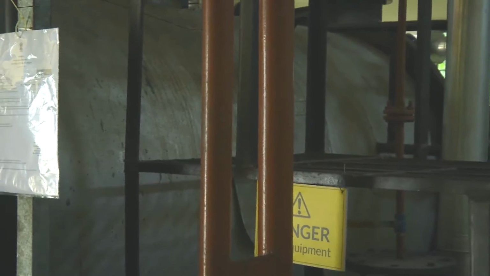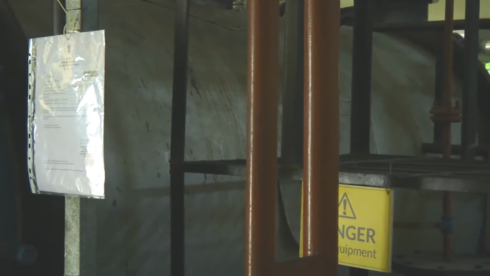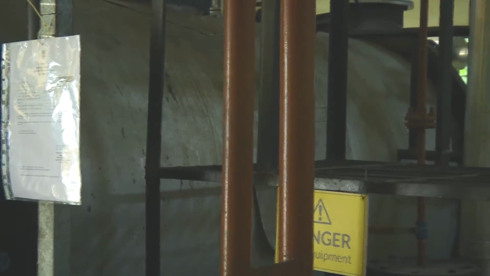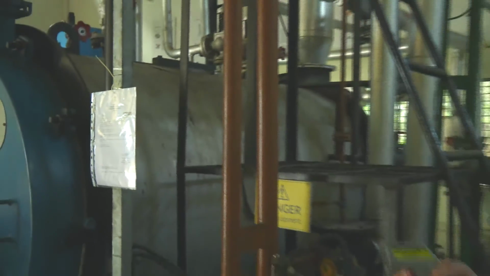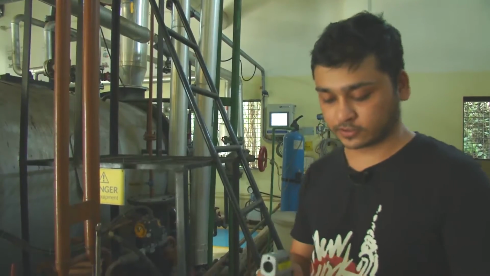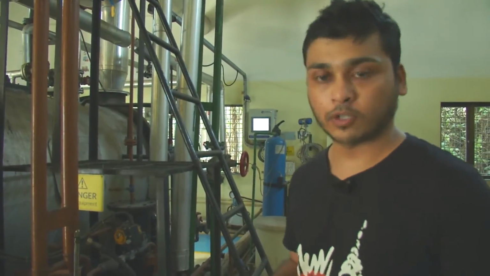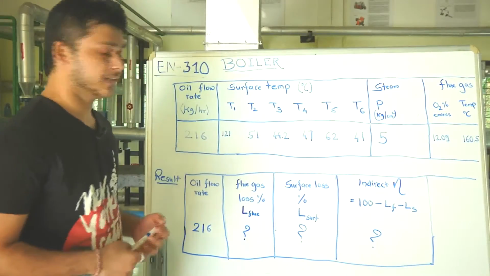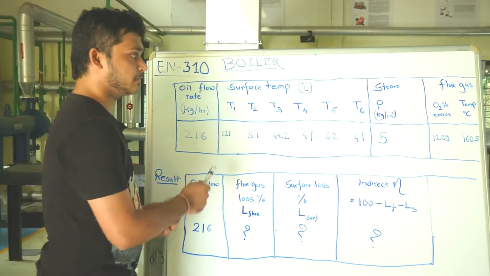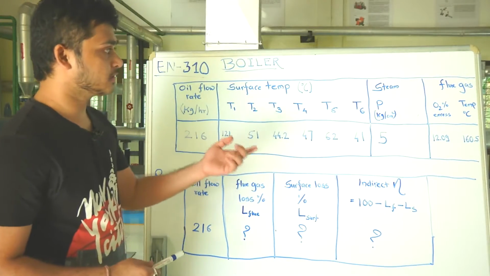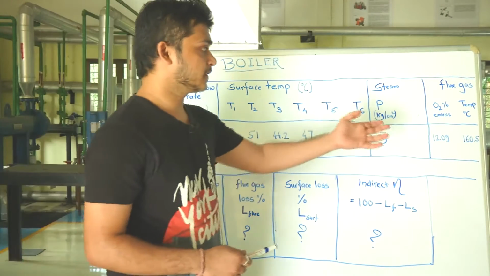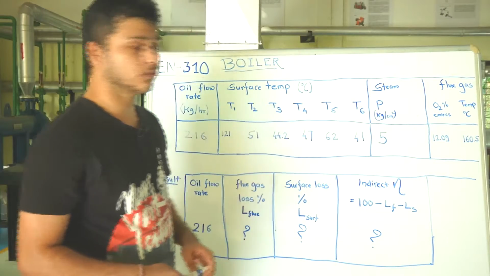Now we took the 6 surface temperature readings. We can take the average of these 6 readings, and we can find out the surface losses with the help of this surface temperature and formulas. Now we took all the readings: the surface temperature, the pressure of the steam, flue gases O2 percentage of excess, and temperature of the flue gases.